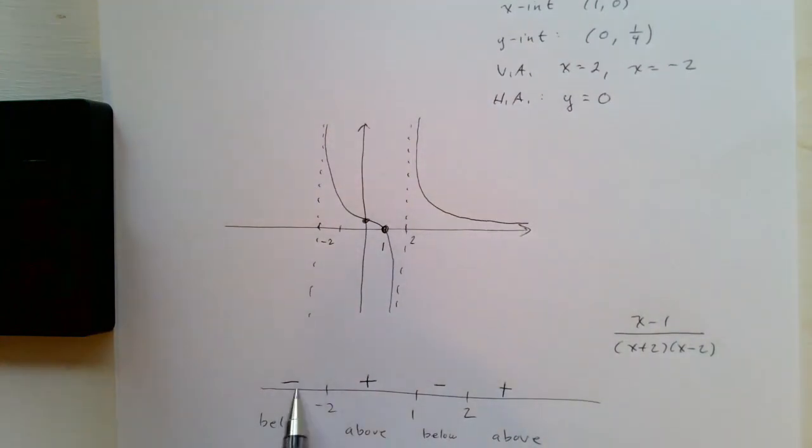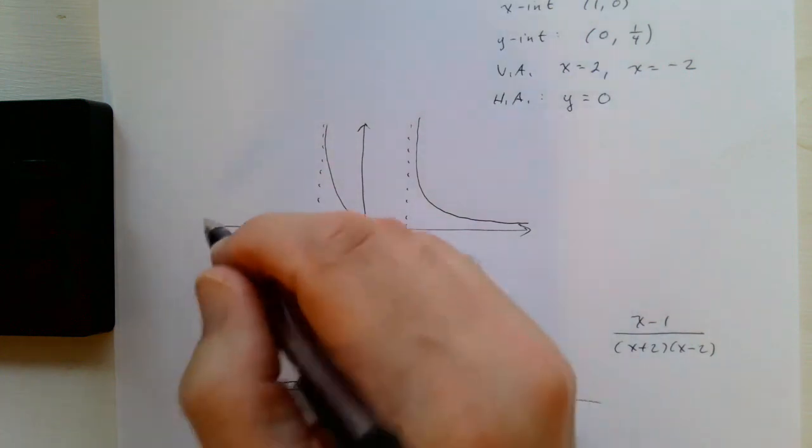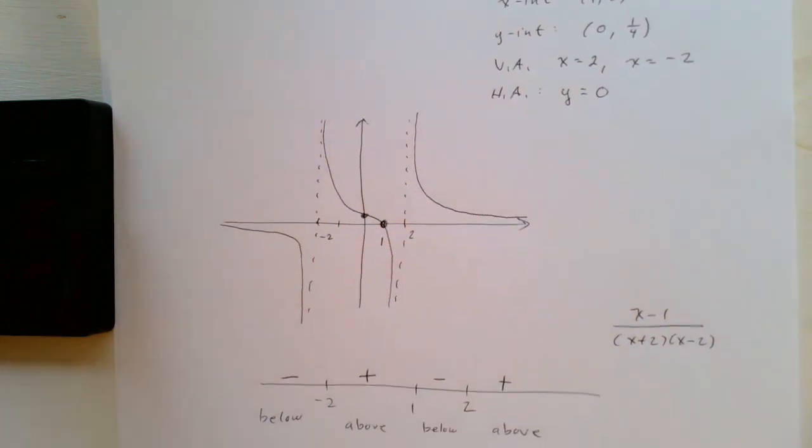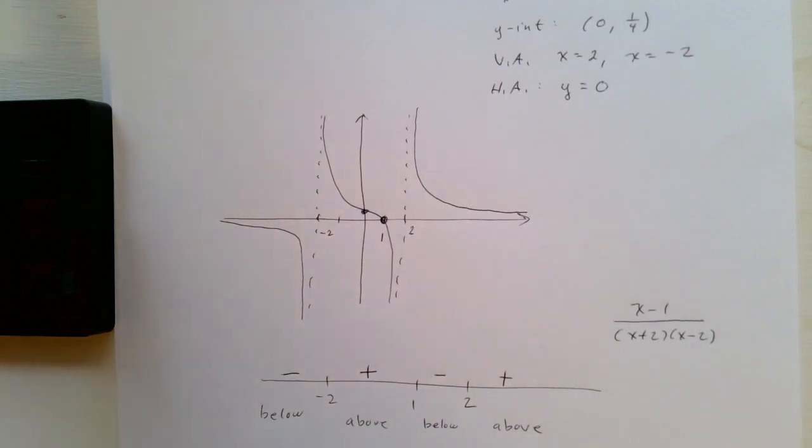And finally, the graph is below the x-axis to the left of negative 2, so the graph will look like this. Okay, and that's as good as we're going to get. There are no turning points in this case, and that's about all we can do with this without a graphing calculator.